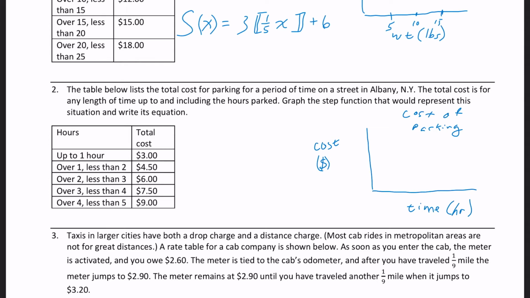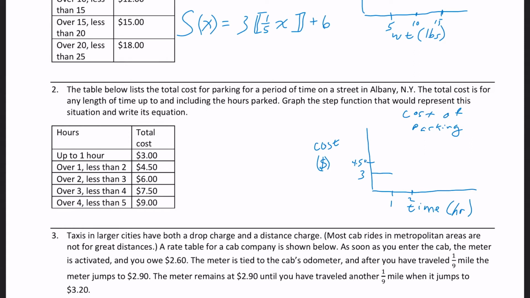And so anything up to 1 hour, just automatically, I have to pay $3. But if I go over 1 hour, even if it was 1 hour and 1 second, the ticket that punches just automatically adds another $1.50, and so I'm up to $4.50.